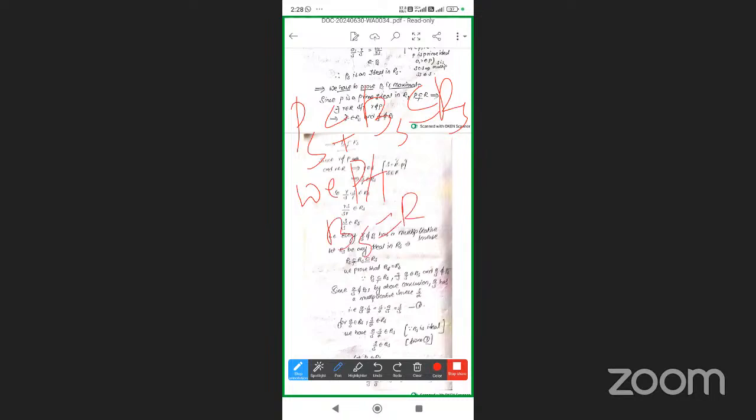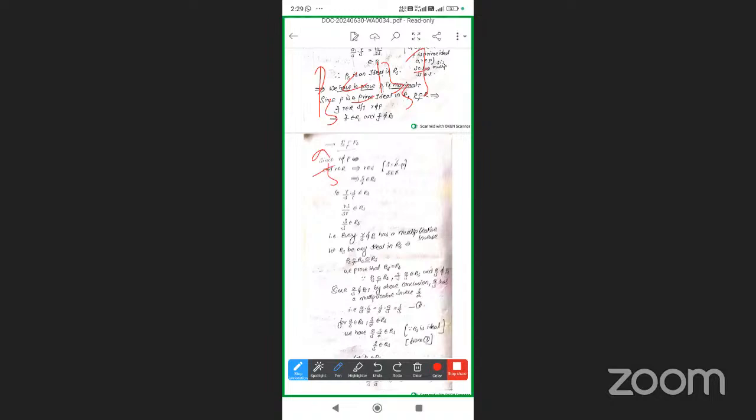Since PS is a proper subset of BS, there exists A by S belonging to BS and A by S does not belong to PS. By the above conclusion, A by S has a multiplicative inverse, S by A.